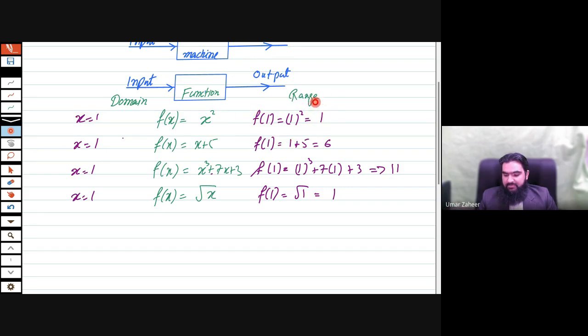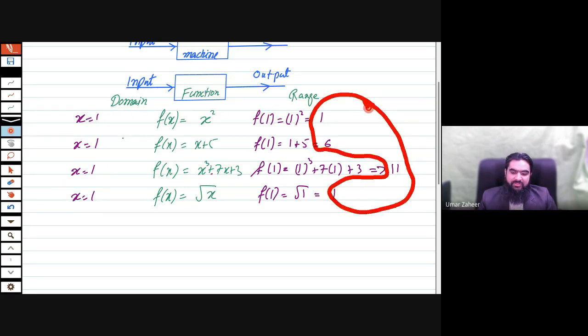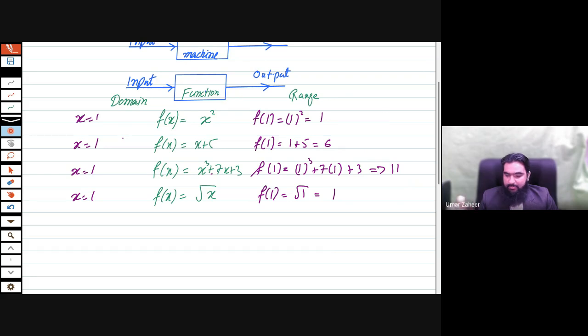At the place of x, you have to substitute the value x is equal to 1. I just want to be sure that we have the same input, but the outputs are going to be different. Why are they different? Because we have different functions. The function works according to the given information. Clear?